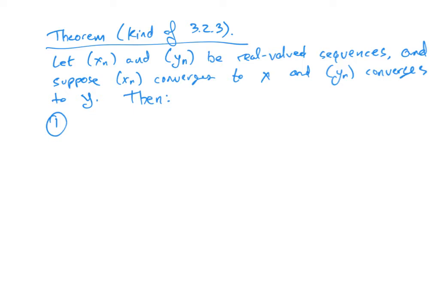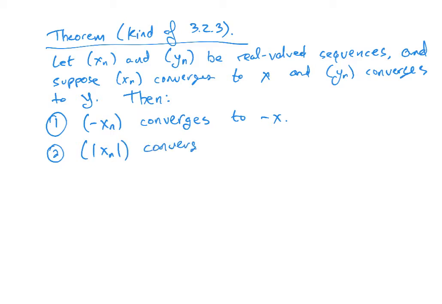Number one, if we put a negative sign out front of x_n, that converges to, any volunteers? Negative x. Good. Number two, if we take the absolute value of x_n, that converges to the absolute value of x.